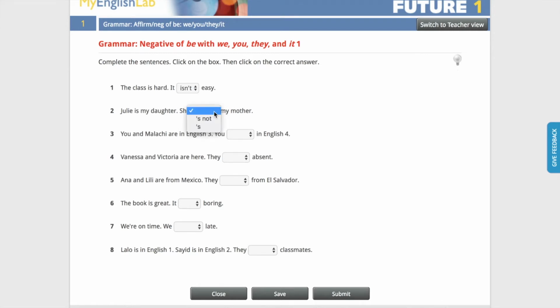Julie is my daughter. Then she's not my mom. That's what we call mother here in the United States, mom or mommy. She's not my mother.